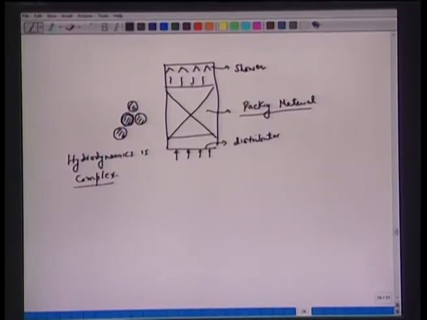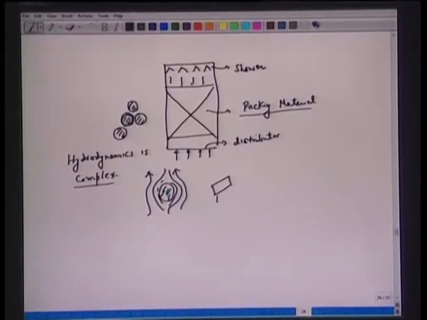All right, you do not have a situation like this where you just have one sphere and it forms a regular film, water forms a film here, and the gas goes past the film on the packing. Generally, all this is very complex dynamics.